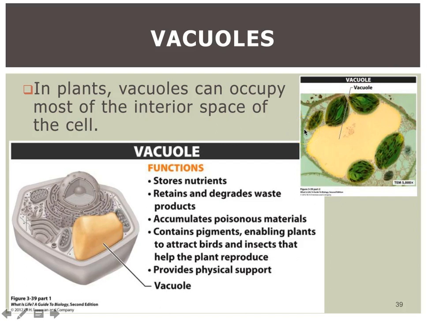There's a lot of functions of the vacuoles, and I'm just going to go through them with you one by one. Number one, it stores nutrients. Plants need to be able to have nutrients throughout the year, so we've got some storage area here. It does contain and degrade waste products, kind of like lysosomes, although plant cells do have lysosomes as well.